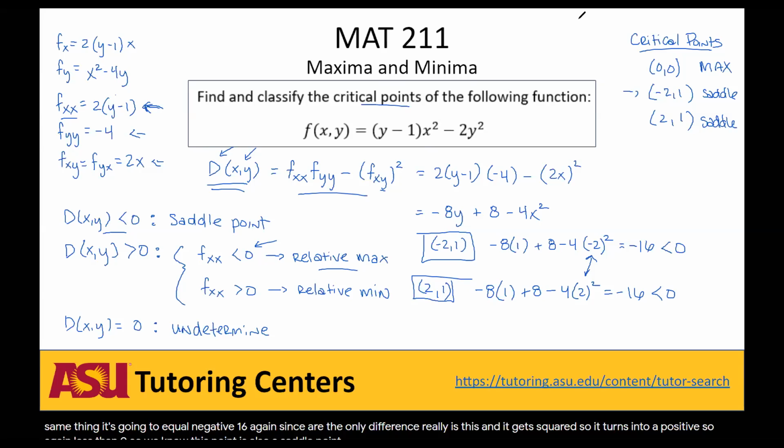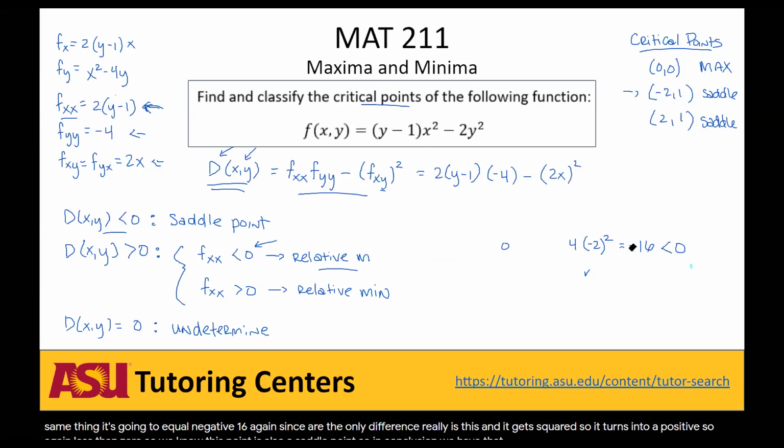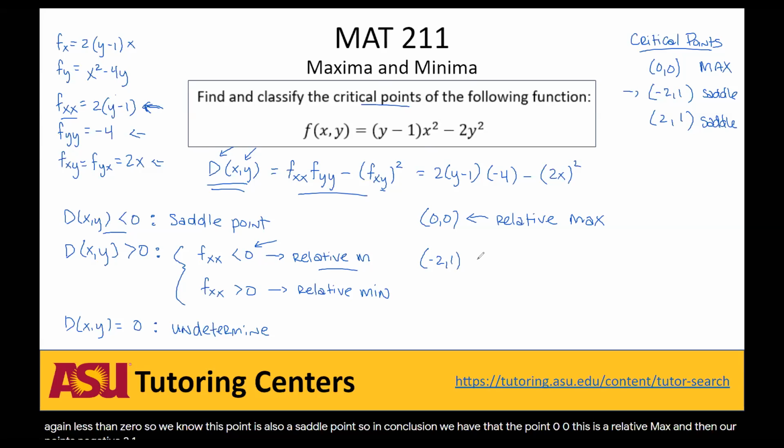So in conclusion, we have that the point 0, 0 is a relative max. And then our points negative 2, 1 and 2, 1 are saddle points.